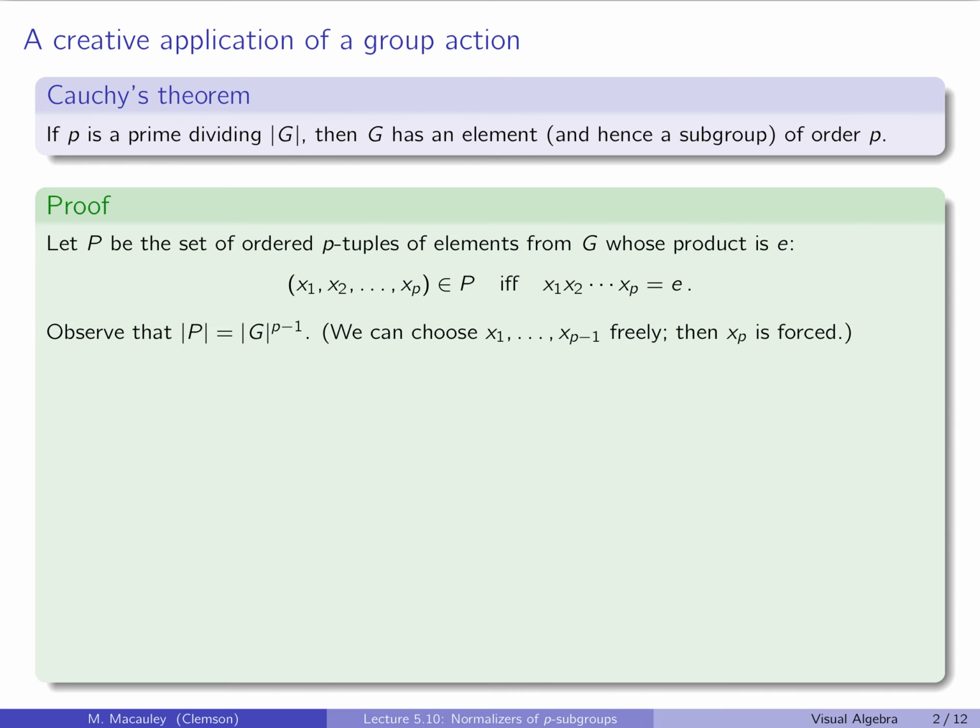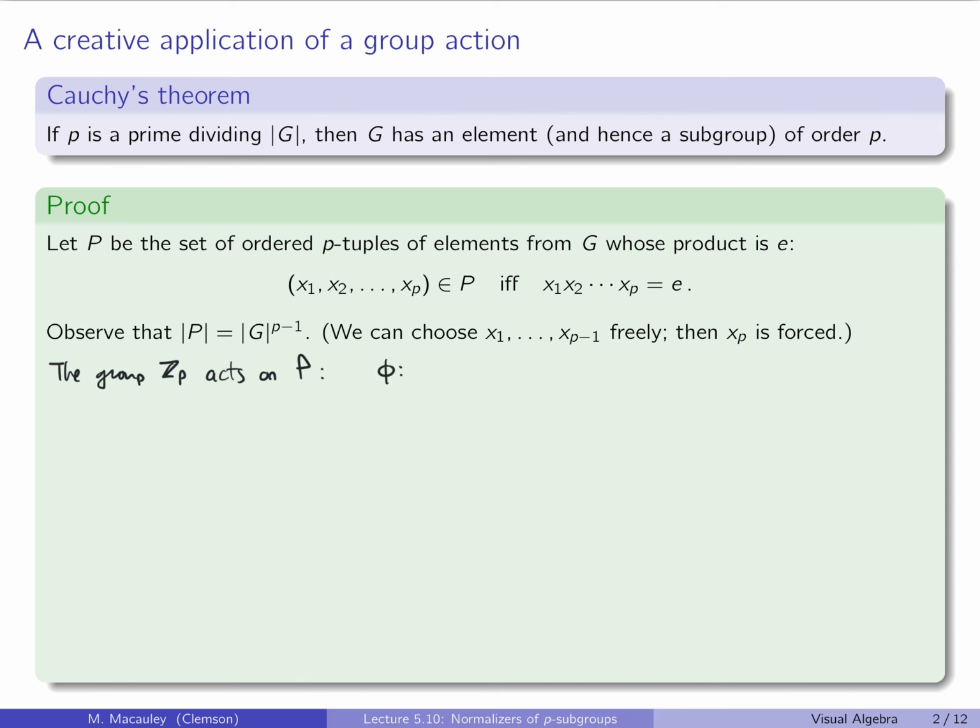Now we're going to define a group action on the set that you probably won't see coming. The group Z_p, or C_p if you prefer, the cyclic group, acts on P by cyclic shift.